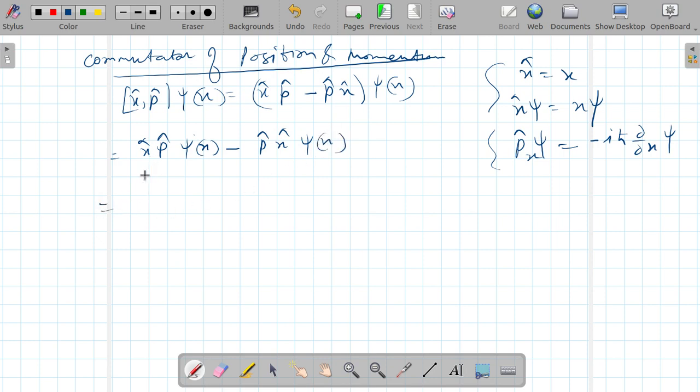So the x operator will remain as it is, and the p operator will be minus i h-bar del over del x into psi(x), minus i h-bar del over del x into x psi(x).